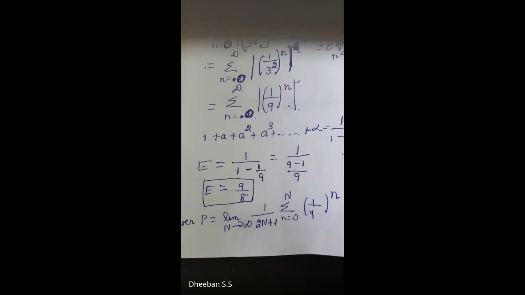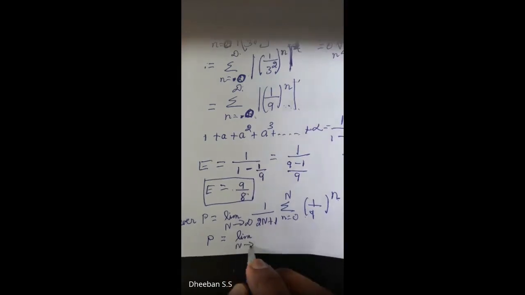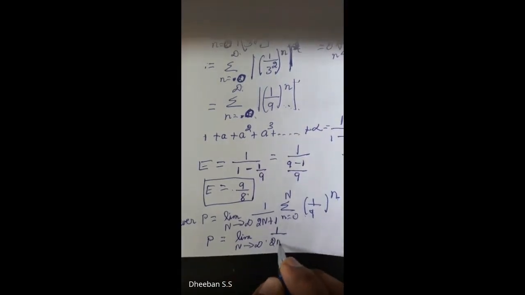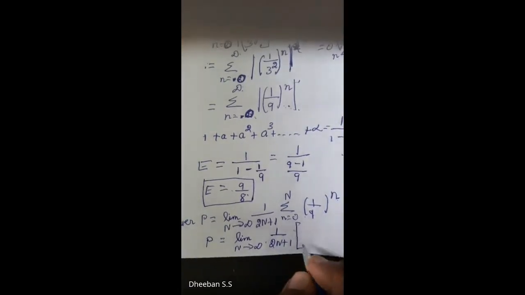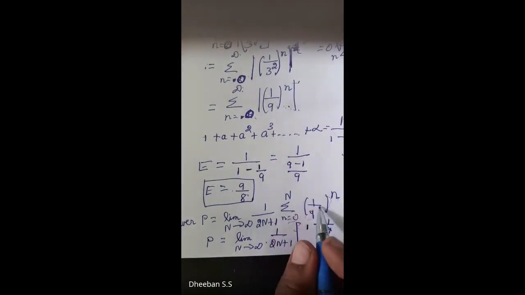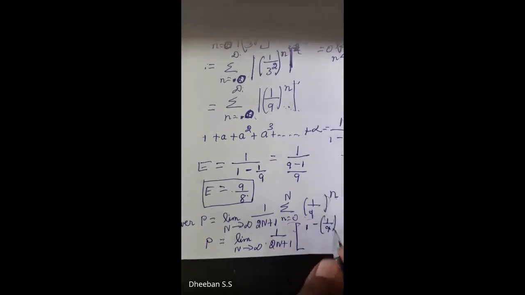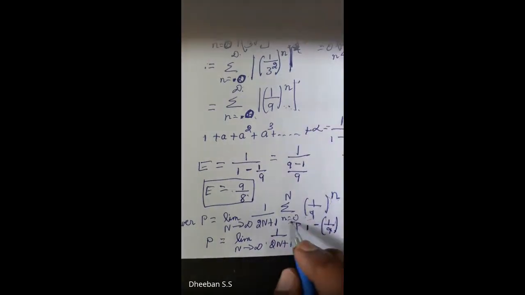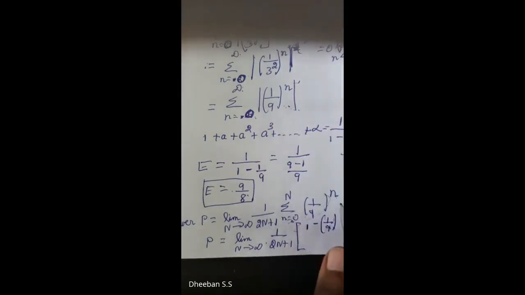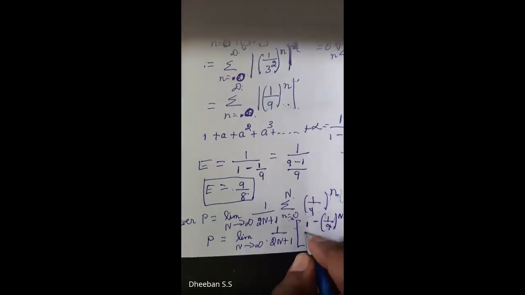So you'll be getting P equal to limit N tends to infinity, 1 by 2N plus 1, into (1 minus (1/9) the whole power N plus 1) divided by (1 minus 1/9).